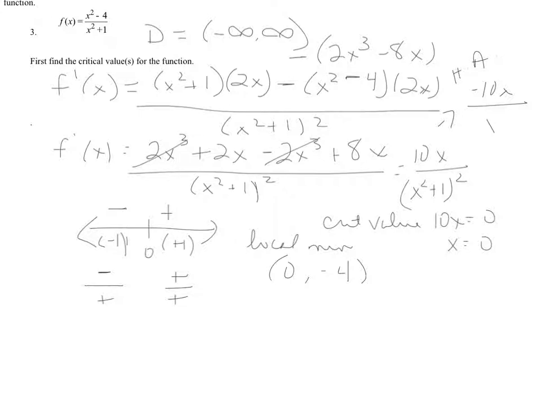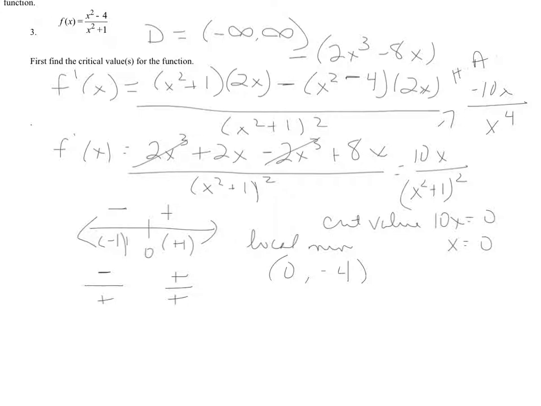X to the 4th. Now, I know there's other terms, but I'm only interested in the first two terms. If I have a negative 10x on top and I have x to the 4th on the bottom, what do you notice? What's happening here?